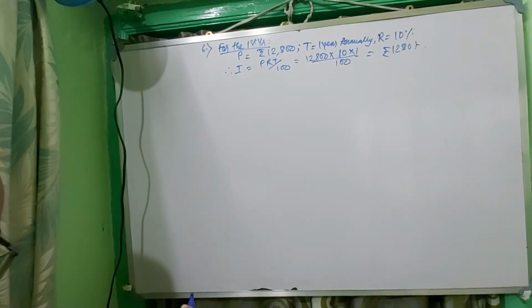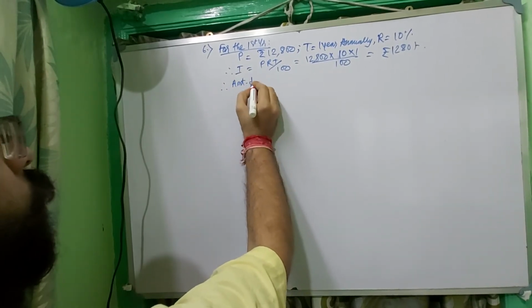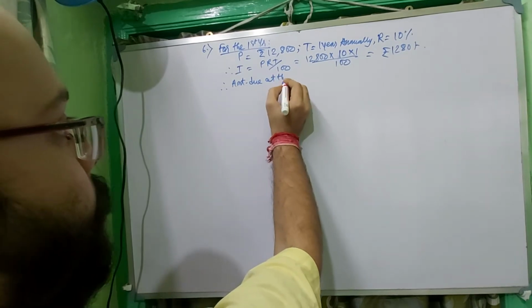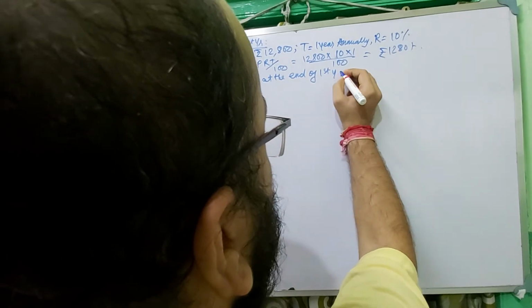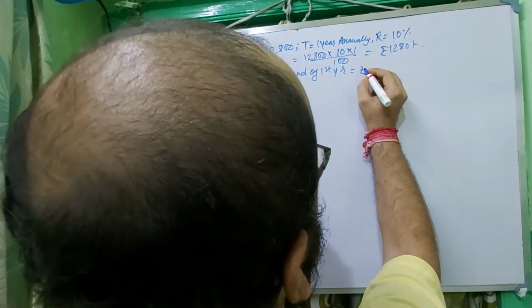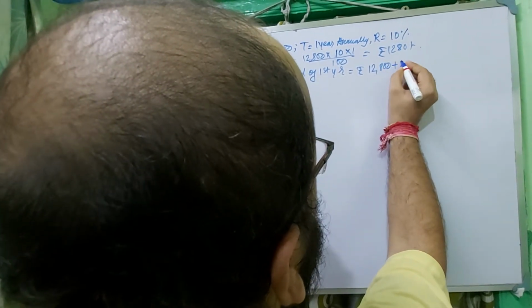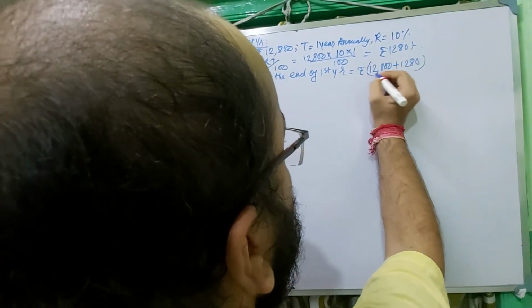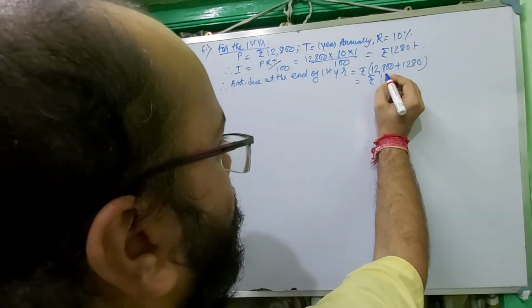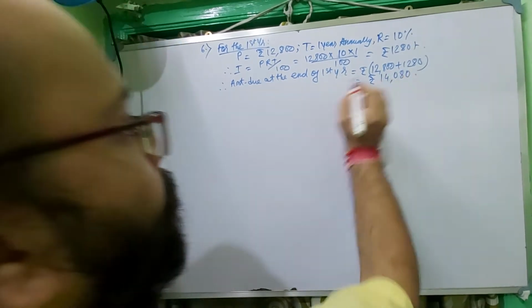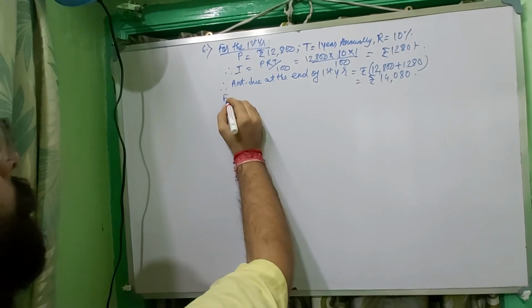This is your interest, and therefore the amount due at the end of the first year will be rupees 12,800 plus 1280. It will be 14,080.